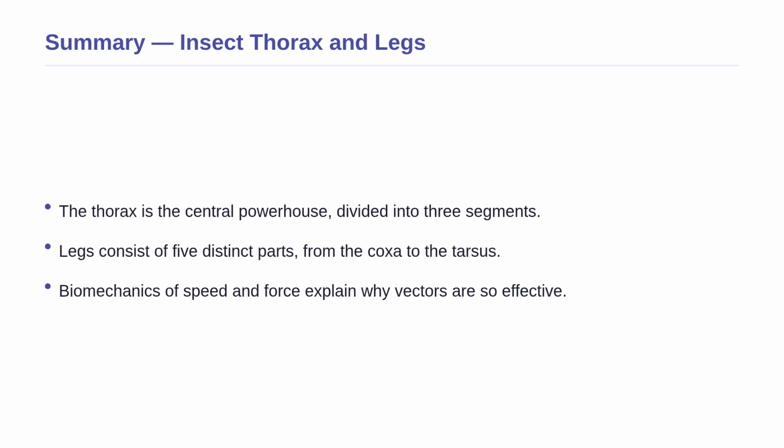Finally, by applying basic physics, we saw how stride frequency and explosive force make these insects such dangerous and effective vectors of disease. Understanding these mechanics gives us crucial insights into how to stop them. Great job following along with these complex biomechanical concepts.